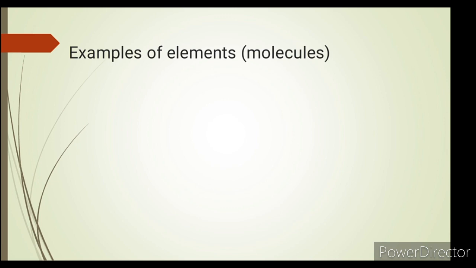Now let's see another example. Nitrogen gas. Nitrogen gas is another element existing in pairs. So, two atoms of nitrogen together form the nitrogen element. Elements that consist of the same type of atoms are called molecules.